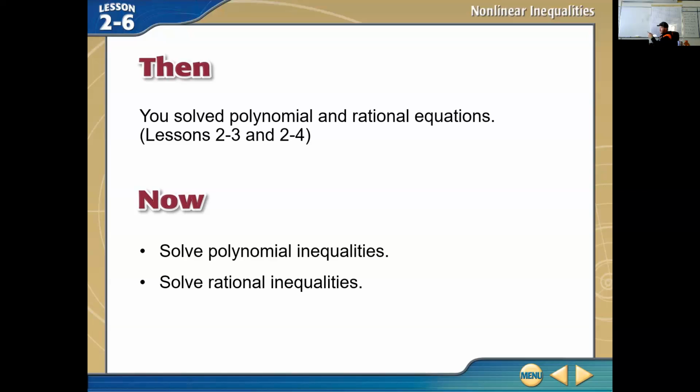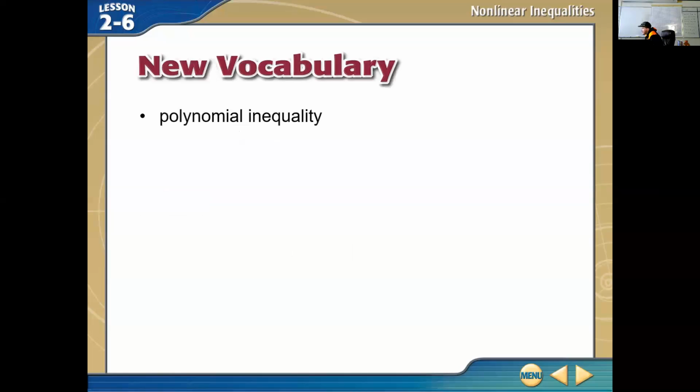And we're also going to solve rational inequalities. So what we just did, graphing rational functions will still come into play, and graphing polynomial functions will still come into play, because you can use Desmos pretty easily to help solve these. New vocabulary, you have polynomial inequality.